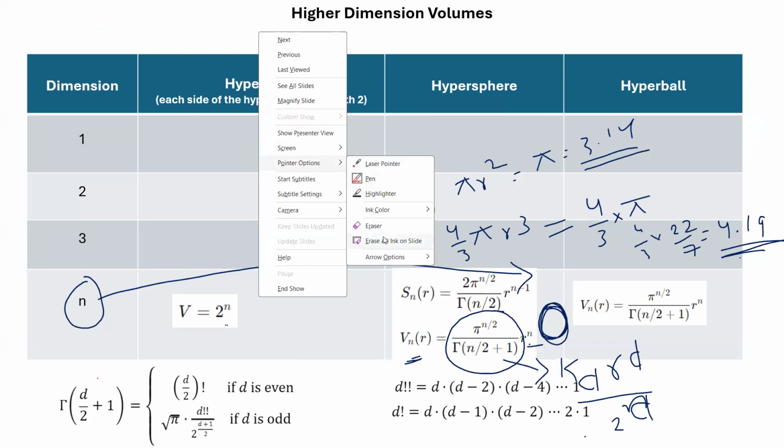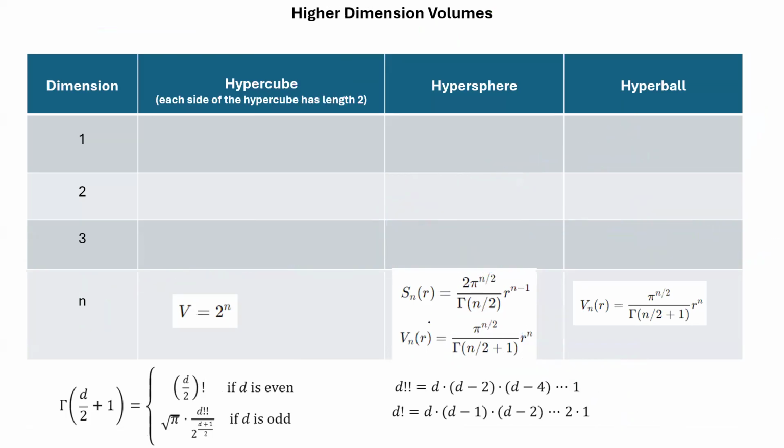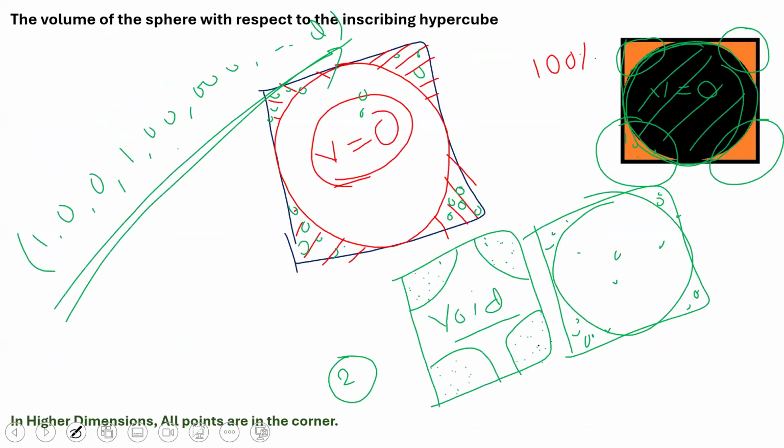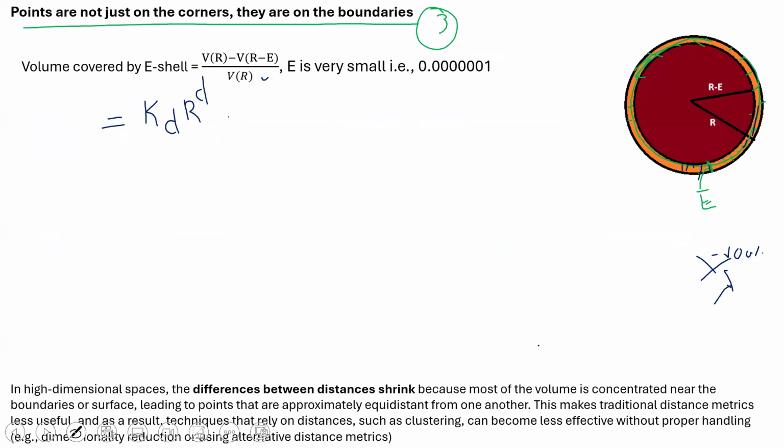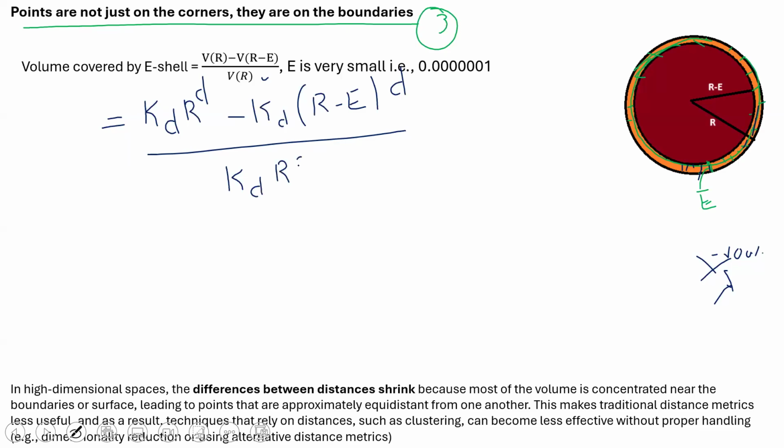I'll call this constant Kd all the time, and this is R to the power of n. n is the number of dimensions, so n becomes d. So I call this Kd R to the power of d minus Kd (R minus E) whole to the power of d, divided by Kd R to the power of d.